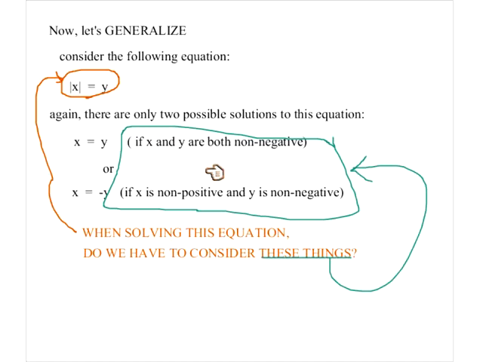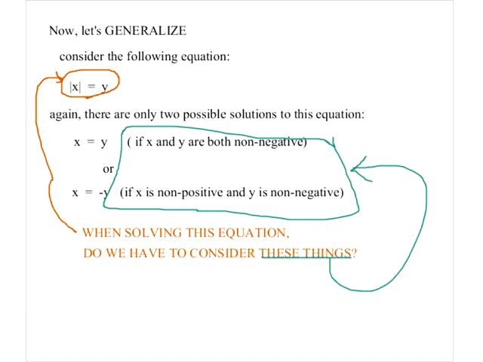Let me tell you what the real answer is. The real answer is not really yes, and it's not totally no either. The real answer to that question is you don't explicitly have to think about signs, but there's a compensatory step that you have to do at the end to make up for the fact that this sign issue is around.